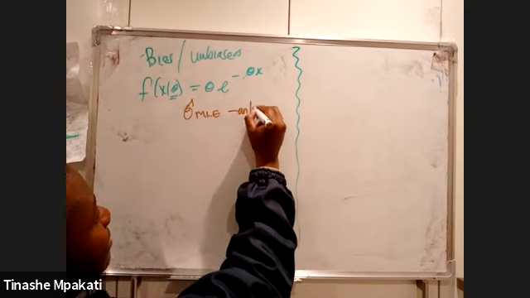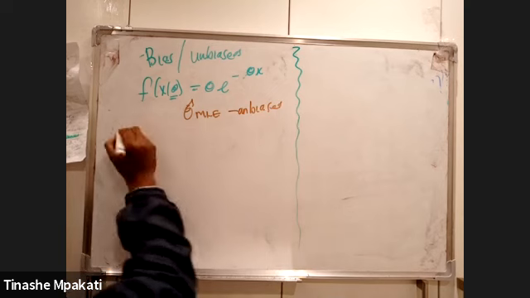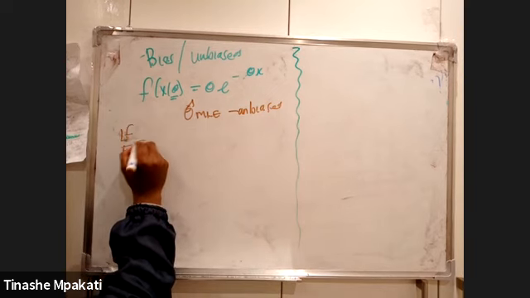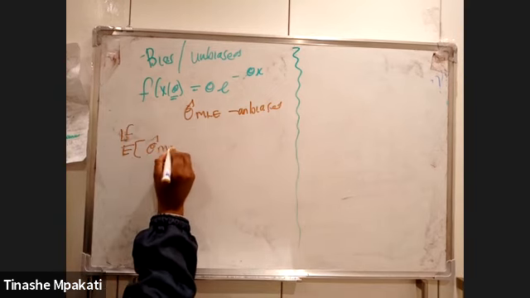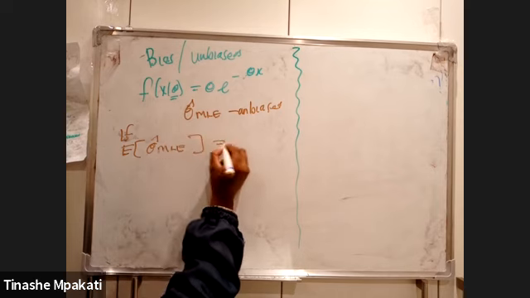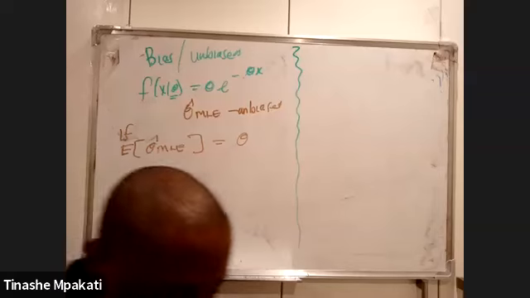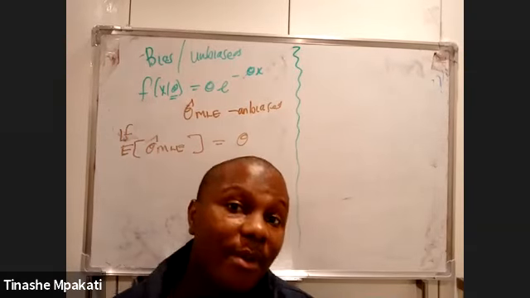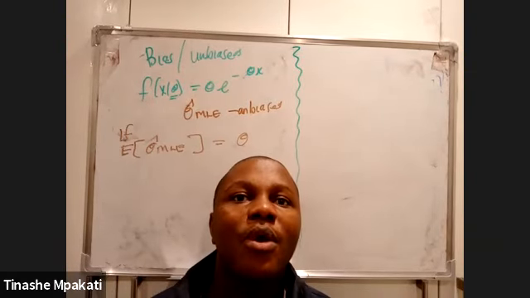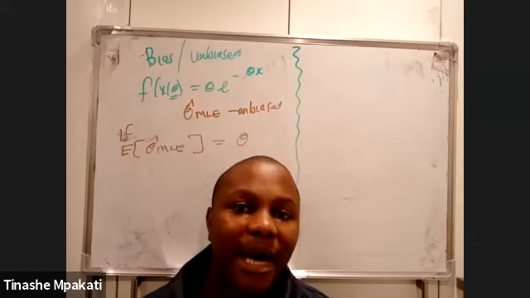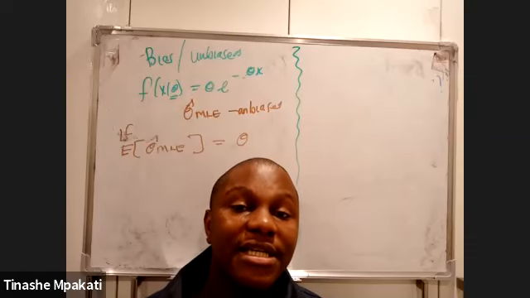This will be unbiased if the expectation of the estimate is equal to the parameter of interest. What I'm basically saying is that you found your maximum likelihood estimate, and now you want to check whether it's unbiased or biased.